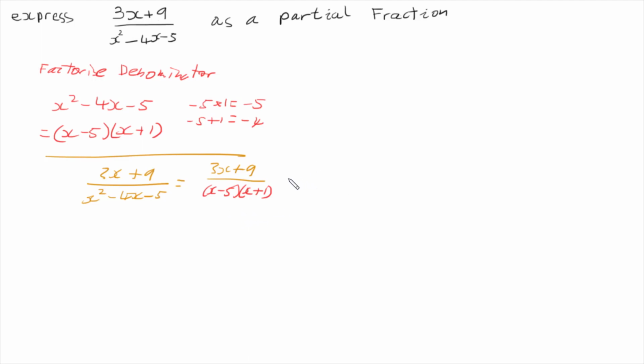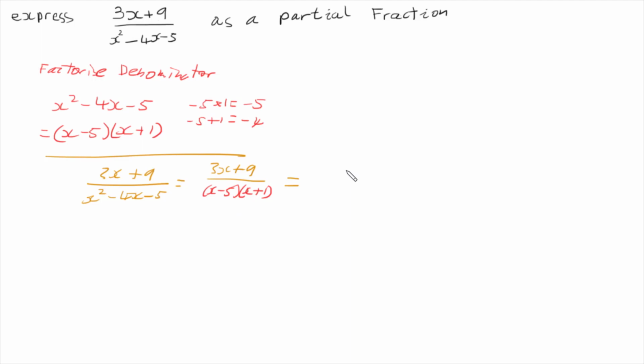A partial fraction is where I take my fraction and I assume that it started from some addition of two fractions, or the same number of fractions as I have denominators.